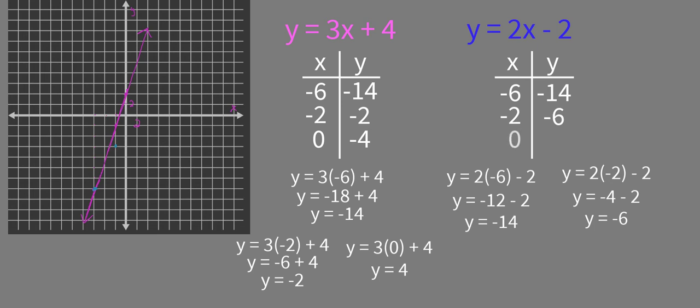And when x equals 0, y equals 2 times 0 minus 2, which equals -2. We graph that point here as well, and then connect the points for our graph of y equals 2x minus 2.